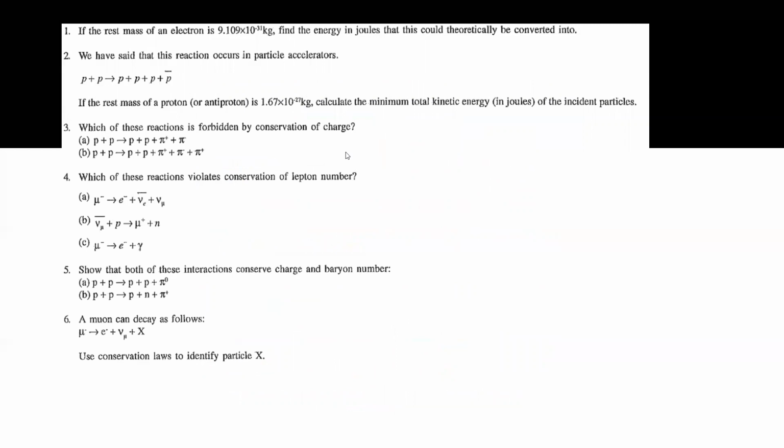So another question: if the rest mass of electron is 9.1 exponent minus 31, find the energy in joules, and this could theoretically be converted into a photon. So how to find energy? We have the formula E is equal to mc square.